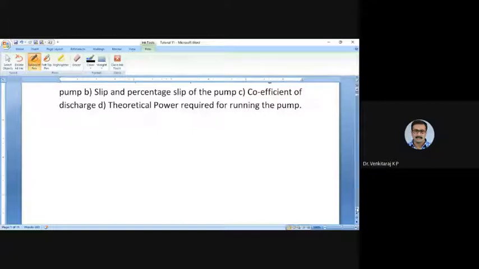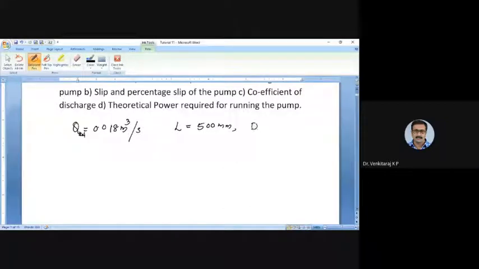We have discharge Q equal to 0.018 meter cube per second, actual discharge. Then the stroke length L is 500 millimeter.